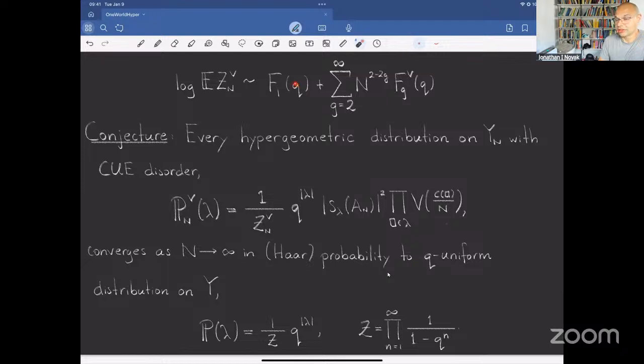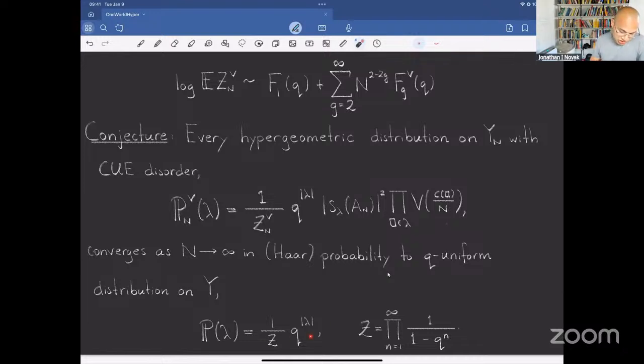It's always the logarithm of Euler's generating function for integer partitions. So what this suggests is that every hypergeometric distribution on Young diagrams with CUE disorder is converging, as n goes to infinity in Haar probability, to a deterministic measure, which the natural prediction is the Q uniform measure on all Young diagrams.